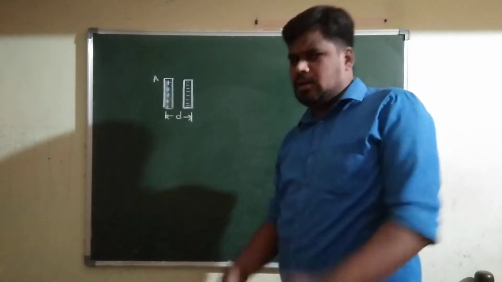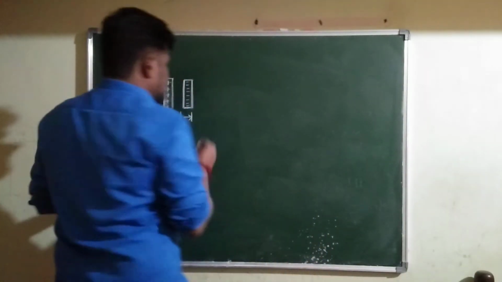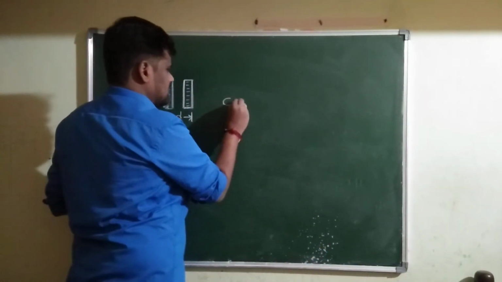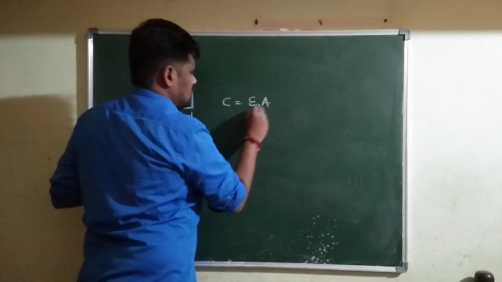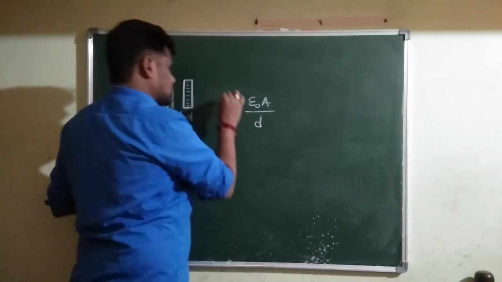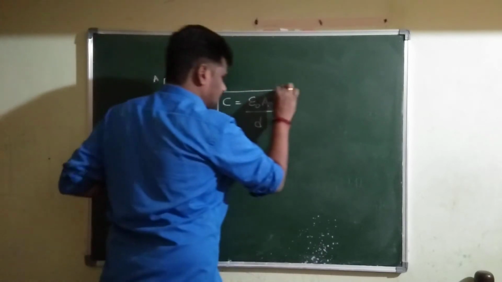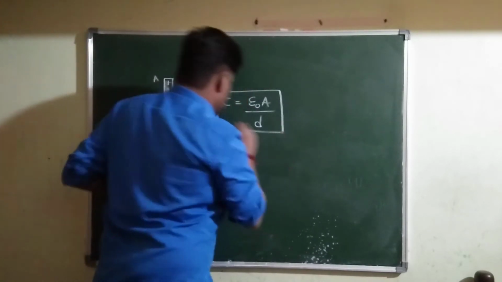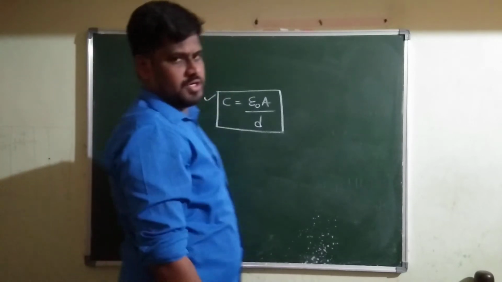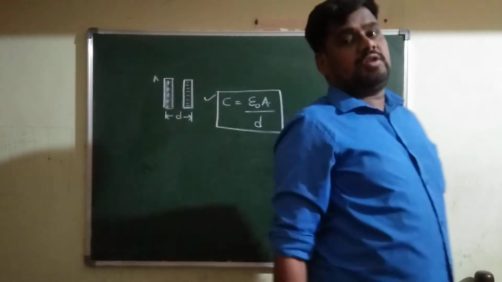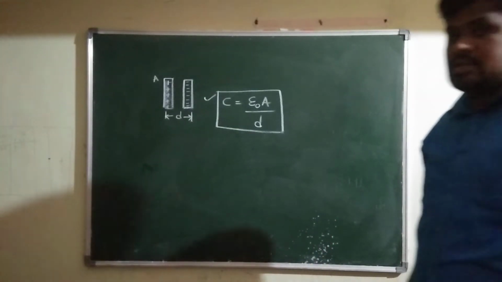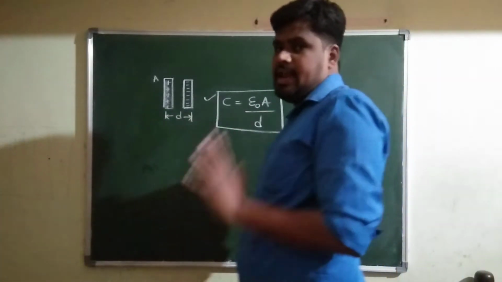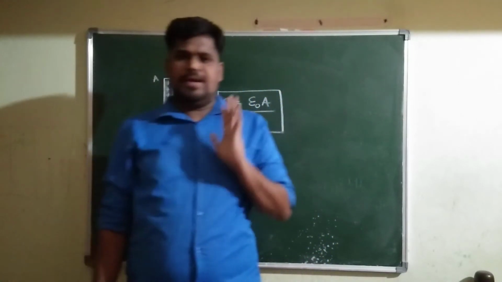In that case, the capacitance of a parallel plate capacitor is given by C equals epsilon naught A divided by D. Concentrate on this expression.